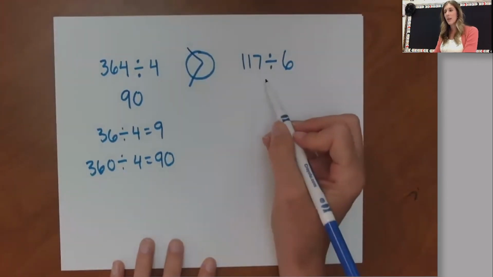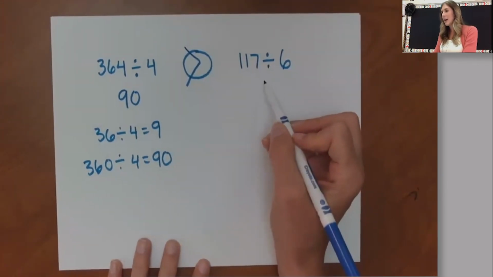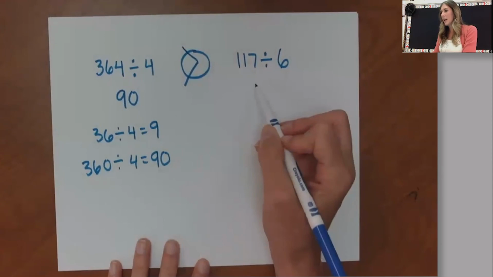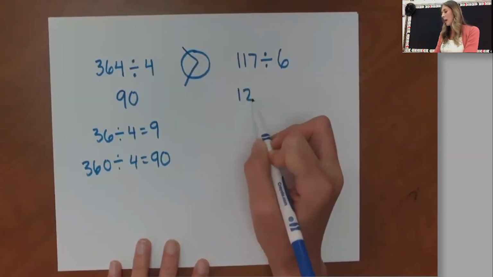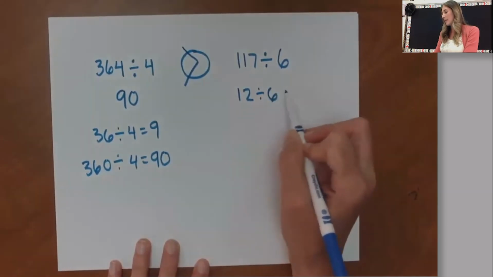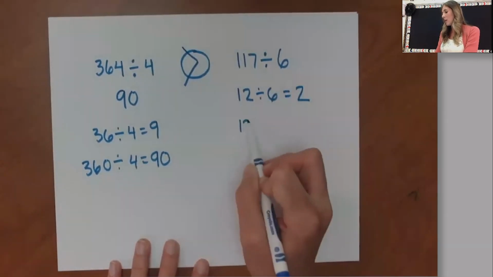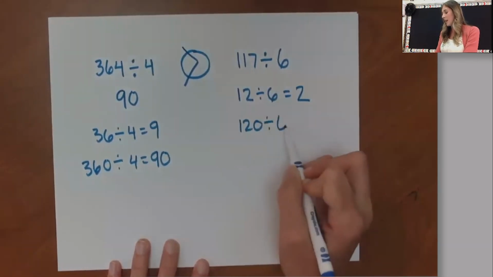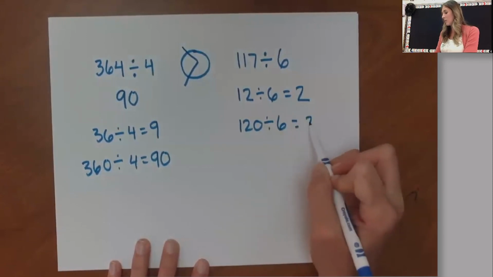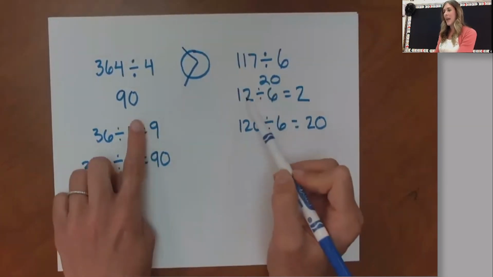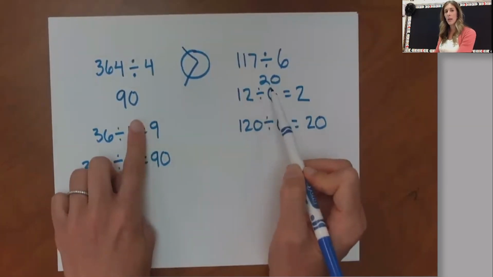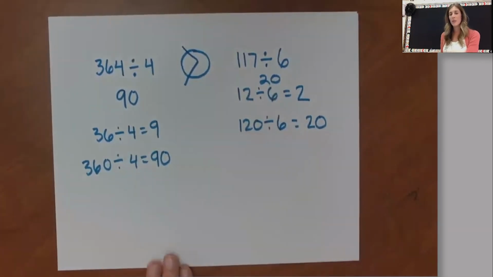And then 117 divided by 6, I chose the compatible number of 120 because I know 12 divided by 6 is 2. So 120 divided by 6 is 20. And we know that 90 is greater than 20, so the greater than symbol is the correct symbol that goes there.